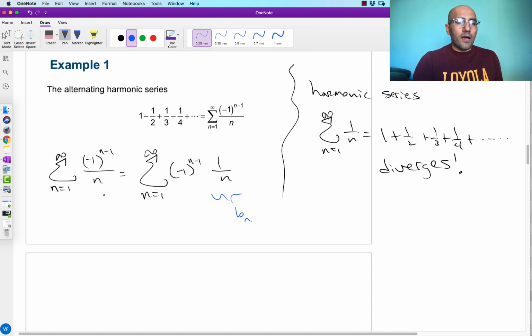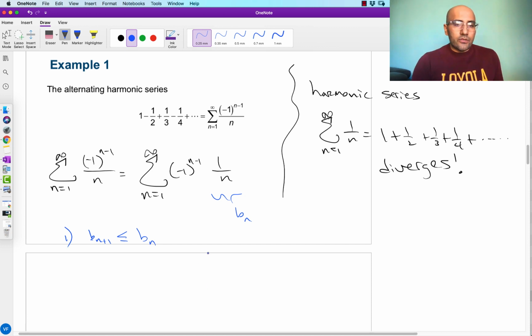Okay, so the first thing we need to show is that it's decreasing, right? To show that it's decreasing, we need to show that b sub n plus 1 is less than or equal to b sub n. There's a couple ways to do that.